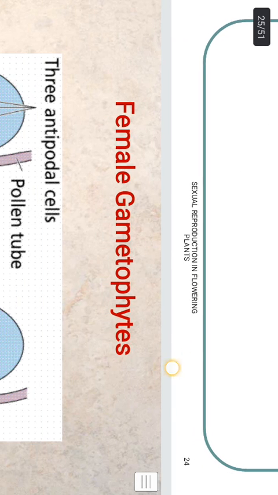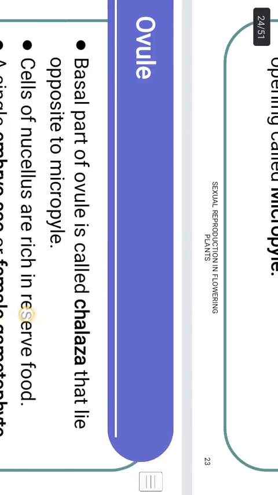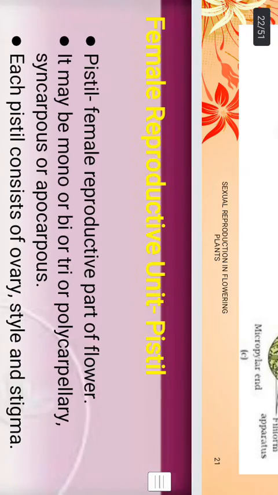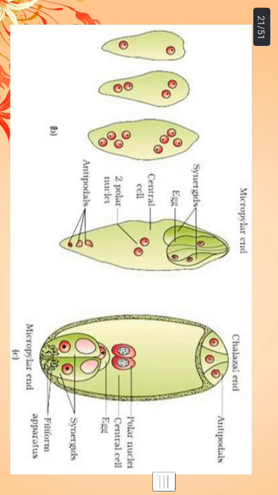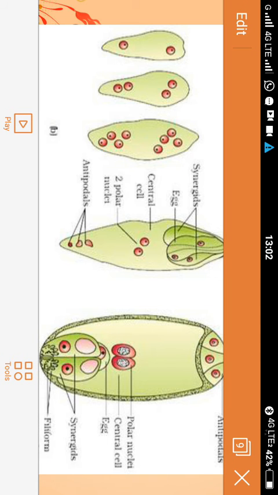At the time of female gametophyte development, a single cell differentiates at the micropylar end, and that is called the megaspore mother cell.